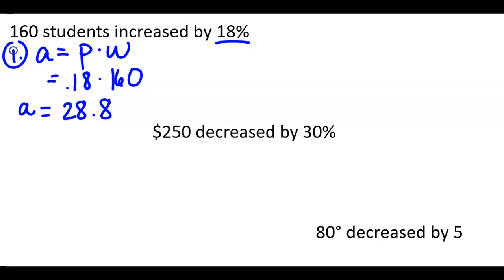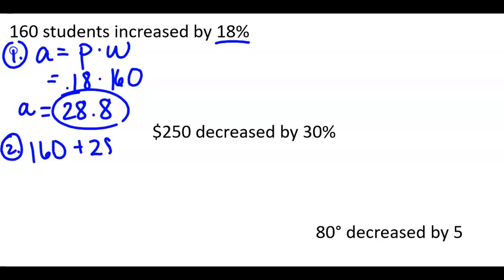Okay, so it's increasing by 28.8 students. So that means I'm going to add that many onto what I already had. So step 2 is I was at 160, I'm increasing it 28.8, and that makes it 188.8 students.